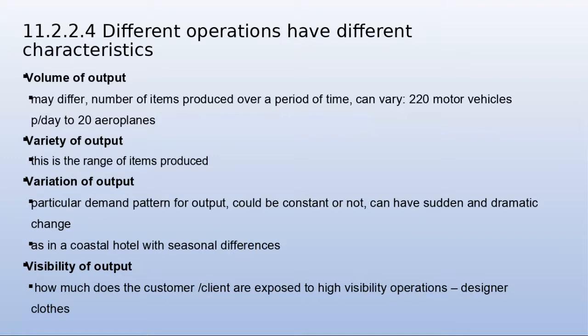Nestle manufactures both hot chocolate and Milo, so Nestle is not going to manufacture as much hot chocolate and Milo in December as they will in June and July. The same with ice cream. You will manufacture more ice creams in the summer months than you will in the winter months.